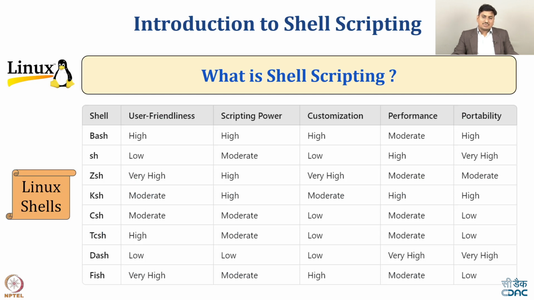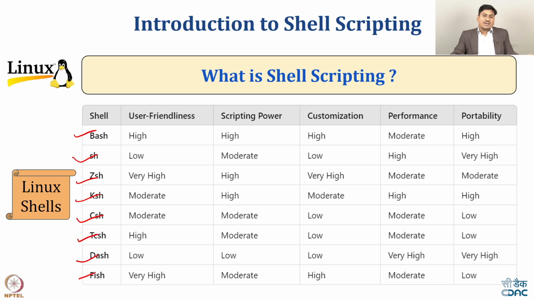As we have seen in the last session, there are different shells in Linux, providing different flavors. Like bash shell, sh shell, zsh shell, ksh shell, csh shell, tcsh shell, dash, fish. There are so many shells.